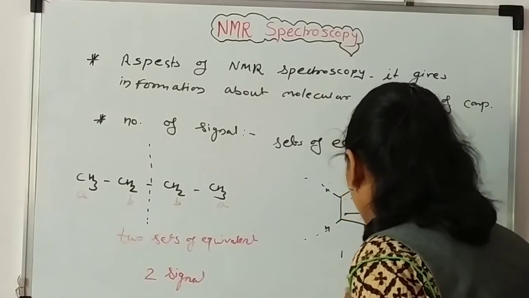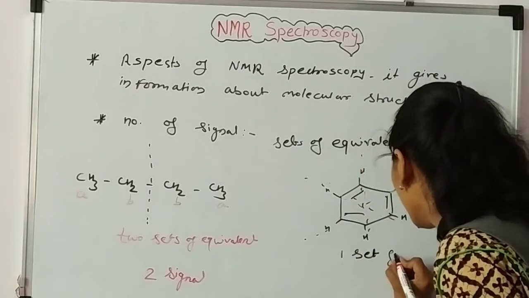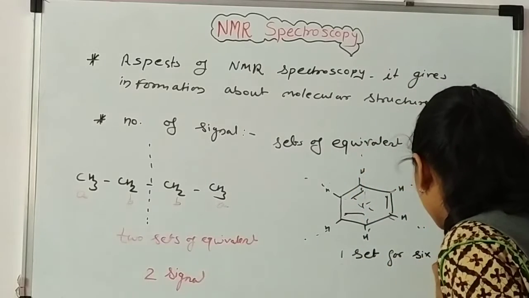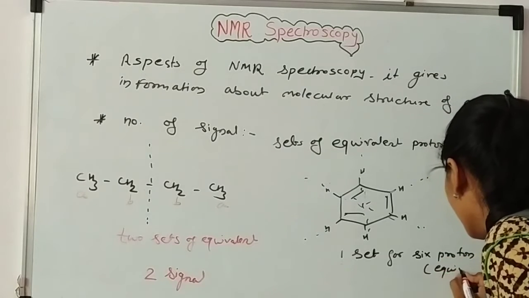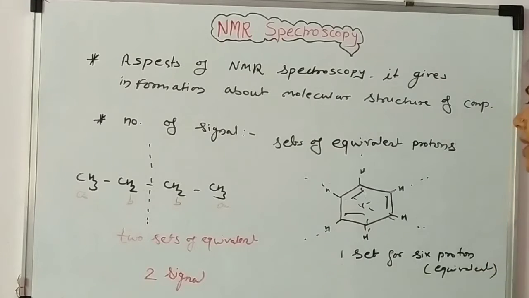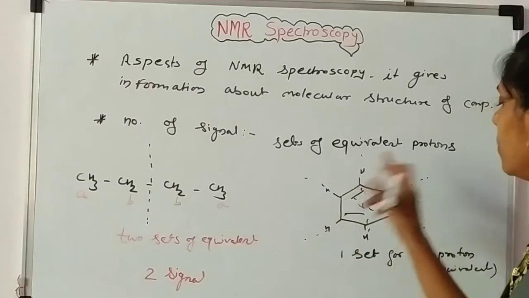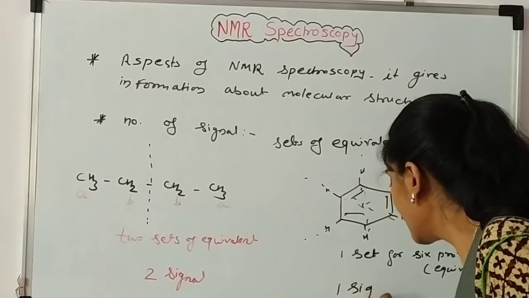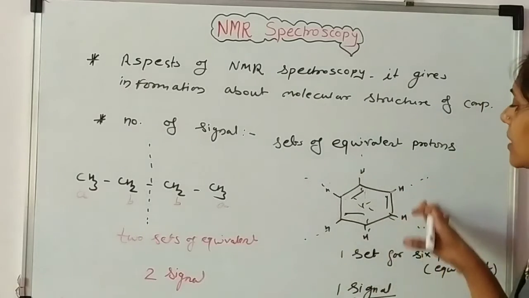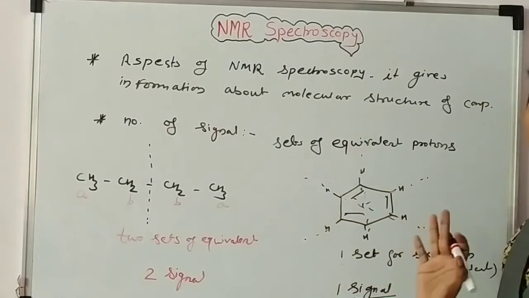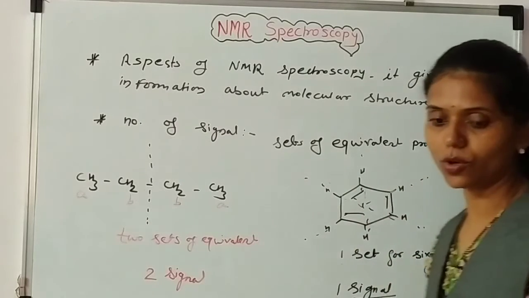We get only one set for 6 protons, which are equivalent protons. It is not important how many signals we get, only one signal will be obtained in this case, since 6 protons have the same environment, or 6 protons are equivalent protons.